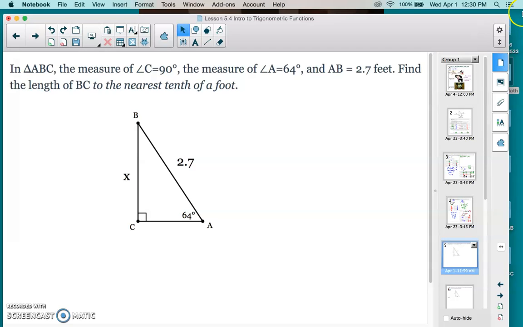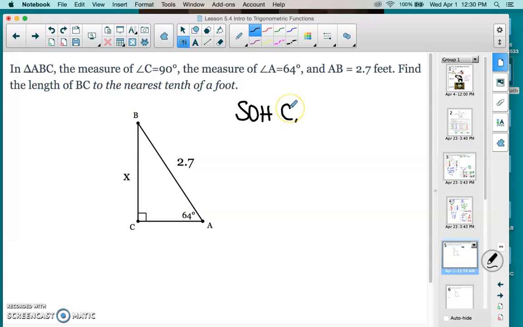So like this example, I've got a missing side length, actually 2 missing side lengths, and I do know the hypotenuse, but I don't know the other side, therefore I can't do Pythagorean theorem. So then what do I do? I go to my trig functions, and we're going to stick with the 3 main ones, sine, cosine, and tangent. And I'm going to figure out which one of these I could use to help me solve this problem.